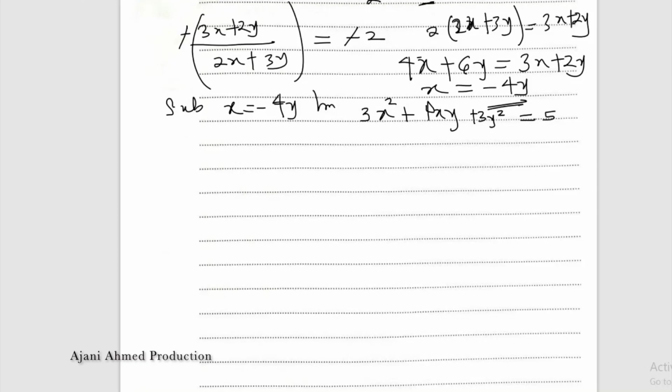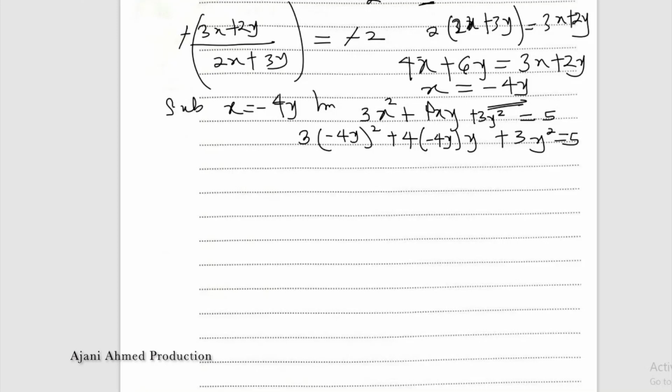Substitute x equal to minus 4y, so I can get the value of y. So 3 times minus 4y squared plus 4 times x, where x is minus 4y, multiplied by y, plus 3y squared equal to 5.